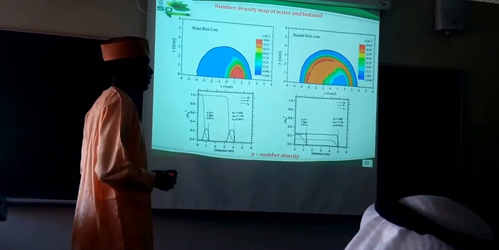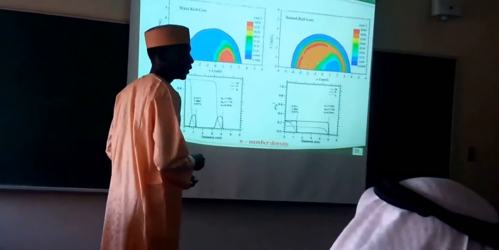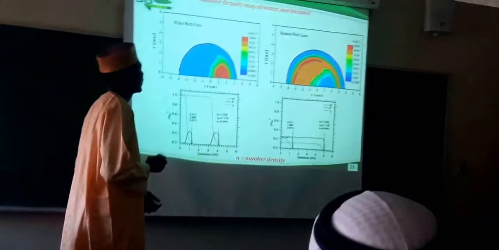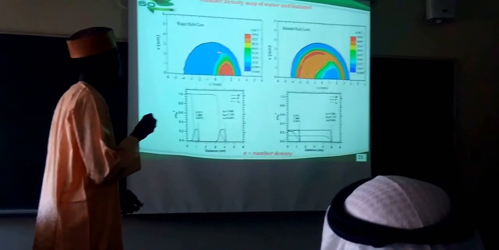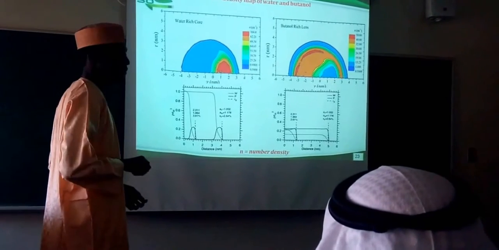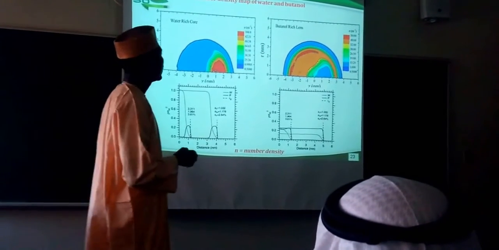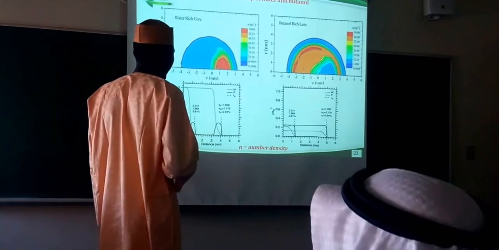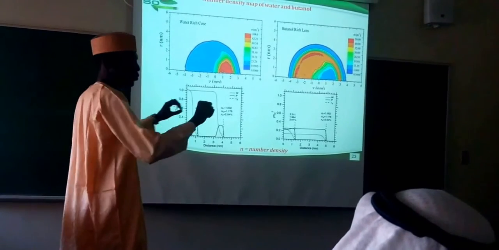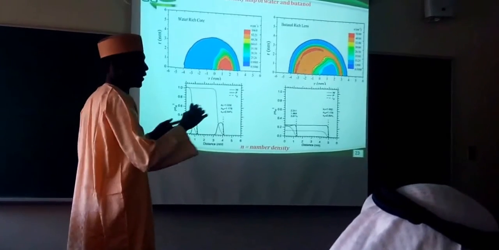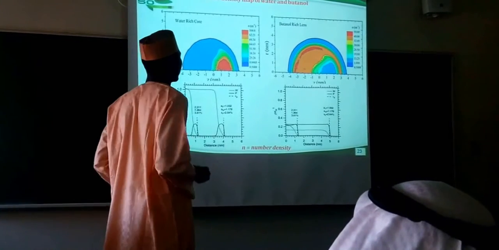species. This figure is the local number density map, the distribution of the local density of the species around a symmetry axis passing through the center of the rich layers of water and butanol. For the water-rich core, you can observe n, small n here, is just the number density.